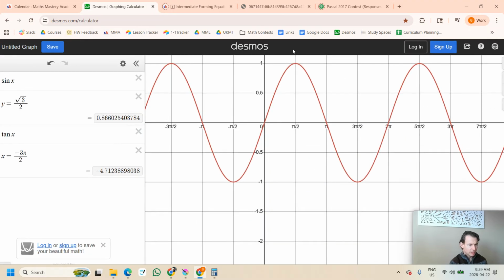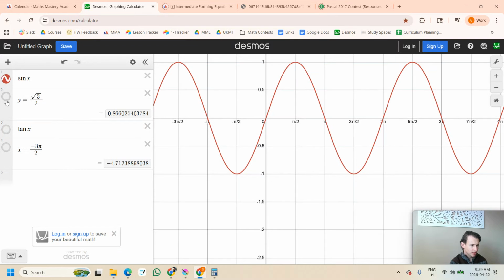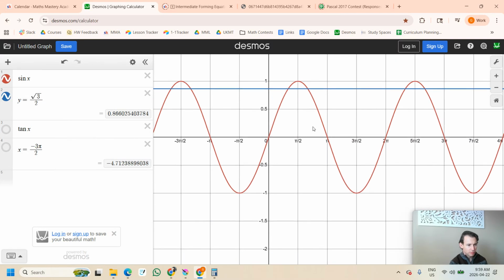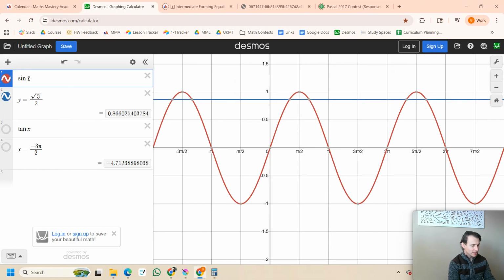Oh, I zoomed in on the actual screen there. So let's say we were told that sine x equals root 3 on 2. We can see we have a couple solutions there, beautifully visualized for us. But what if I had instead sine 2x?